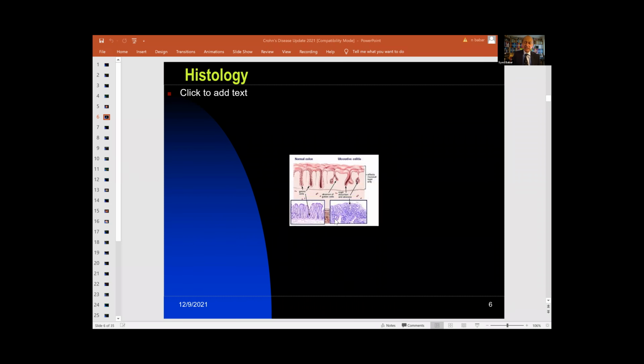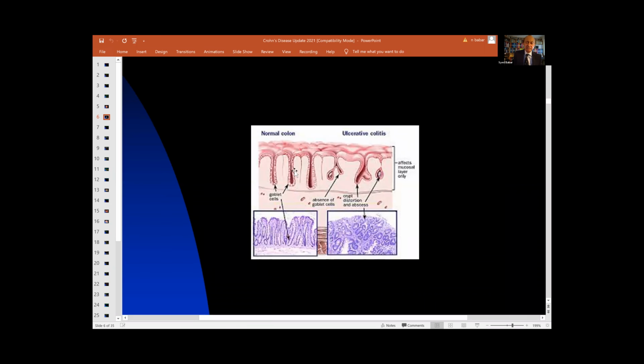And if you look at the histology further, you will notice that the inflammatory mucosa becomes spaced out. So this is normal colon with lots of cells, mucosal cells, and here they are spaced out, expanded, and thickened.